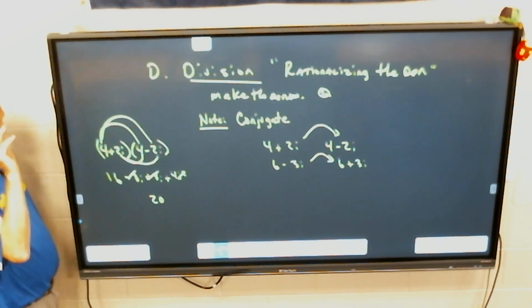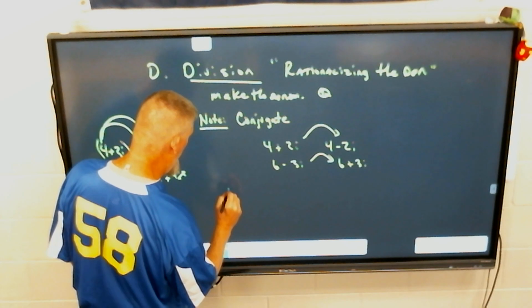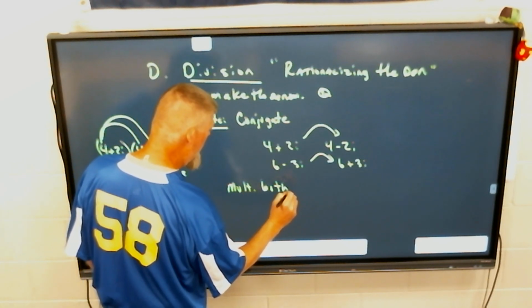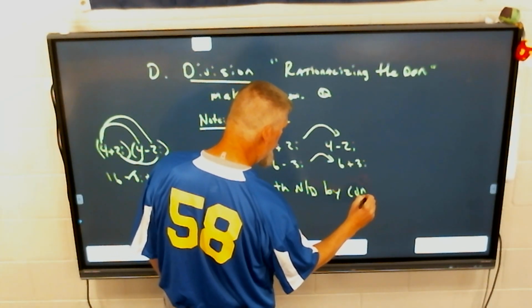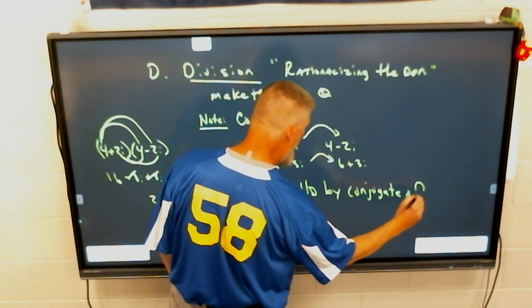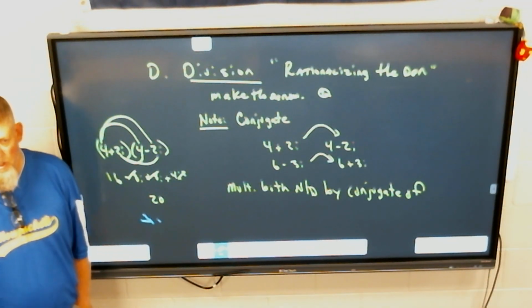So to divide, our rule is simply going to be: multiply both numerator and denominator by the conjugate. Which one do you think we want to get rid of, the numerator or the denominator? The denominator.